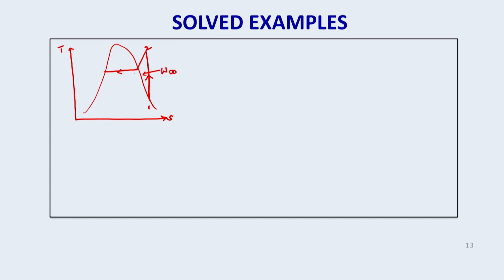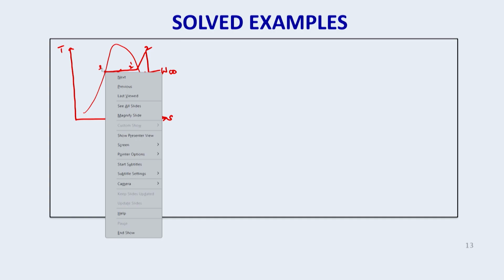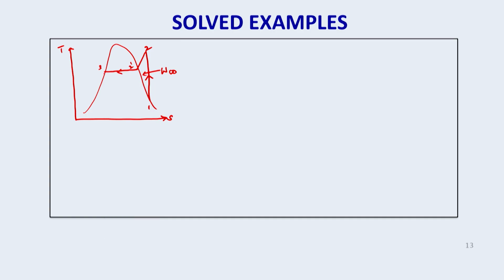This is 2 dash. This is 3. So, this is subcooling. Let me represent it by a dotted line. This is throttling without subcooling, 3 to 4.